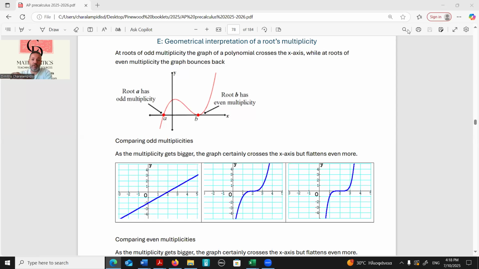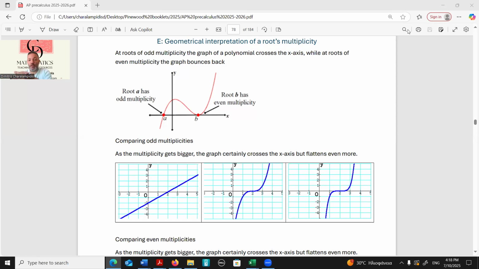In this video, we will continue our exploration of Unit 1, and more precisely, we will focus on the following topic: the geometrical interpretation of a root's multiplicity.